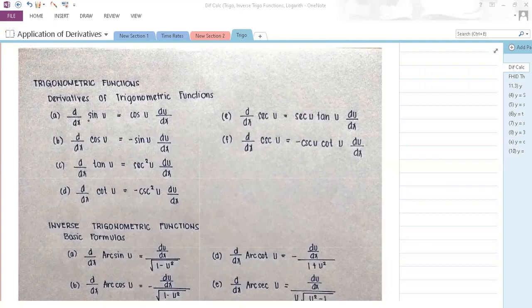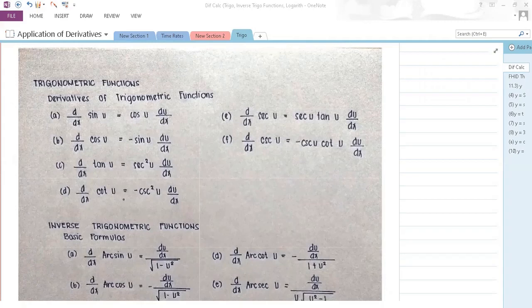The derivative of sine of u is equal to cosine of u multiplied by the derivative of u with respect to x. The derivative of cosine of u is equal to negative sine of u multiplied by the derivative of u with respect to x. For tangent, that is secant squared of u multiplied by the derivative of u with respect to x.